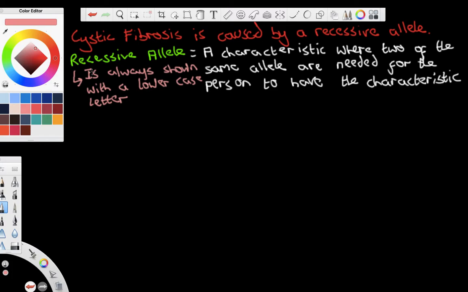On the other hand, a dominant allele is a characteristic where you only need one of that allele for the person to have the characteristic.